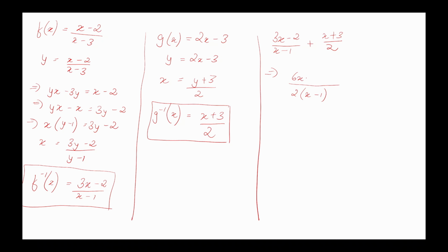Here I would have 6x minus 4, plus here I would have x square plus 3x minus x minus 3. If I simplify this further, I would have x square plus 3x plus 6x gives 9x, minus x, so plus 8x minus 7 upon 2 times x minus 1. So this is the sum of the inverse functions that I'm getting.